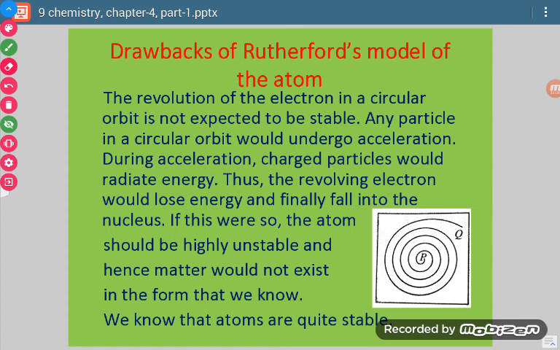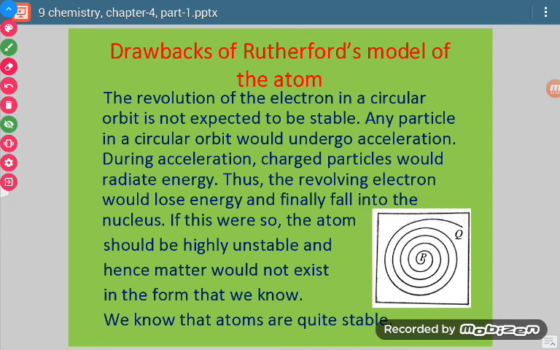It will fall in the nucleus means that it will come so near that it will touch the nucleus, and if it happens, then it means our atom will collapse. Atom will collapse means atom will not exist. But we know that matter exists, any form of matter exists. So it means the atom should not collapse, it should be stable and it should exist.